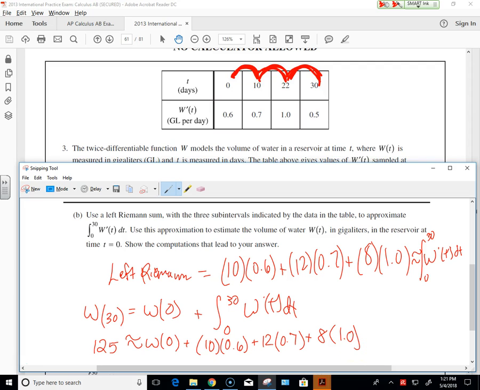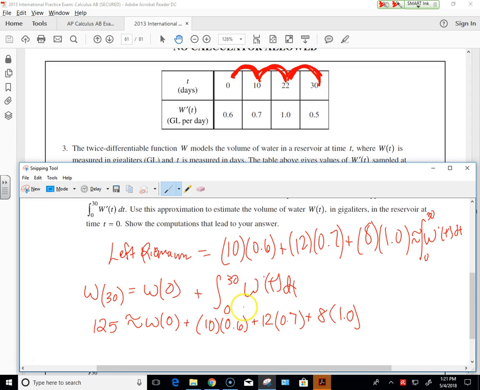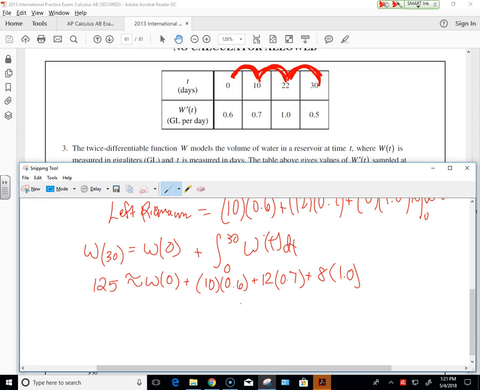Subtract. So what does W of 0 equal? Well, 125 minus all of that. Yes. So W of 0 is approximately 125 minus, now careful, don't let them take away the point.